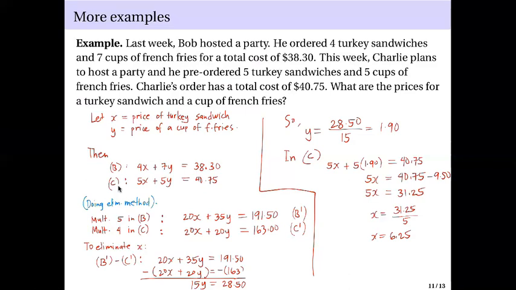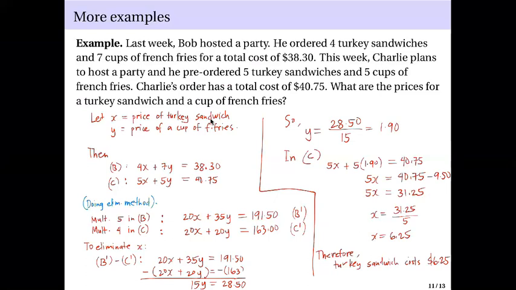So, conclusion. Therefore, a turkey sandwich costs $6.25. That's your x. Take note, x is the price of turkey.